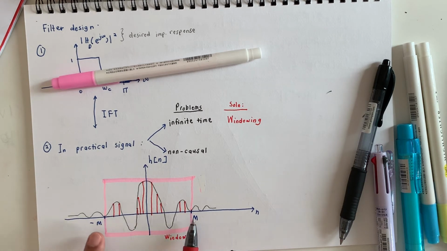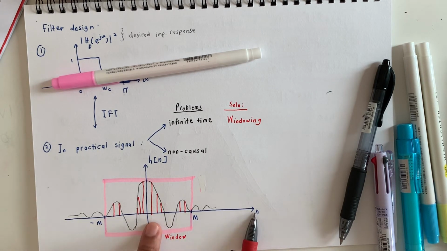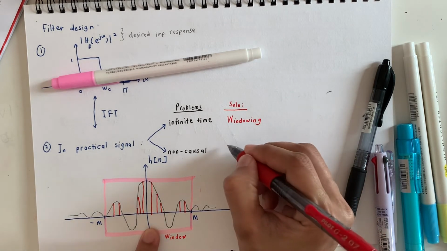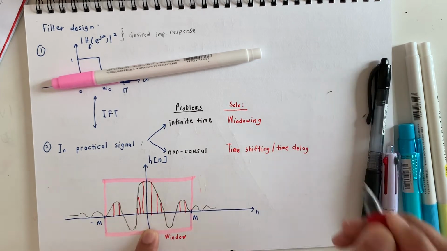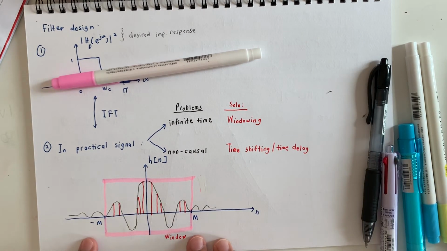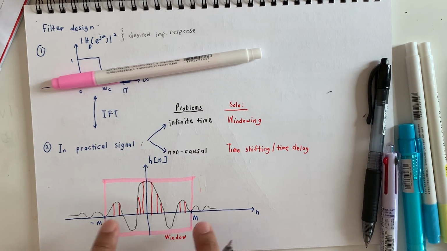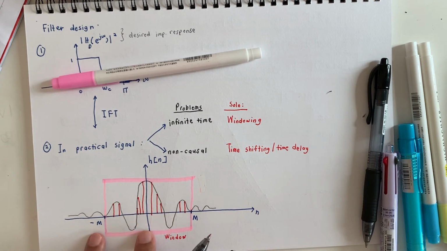To move the signal to the right, you have to do time shifting, or in other words time delay. You need to shift this signal to the right by m.